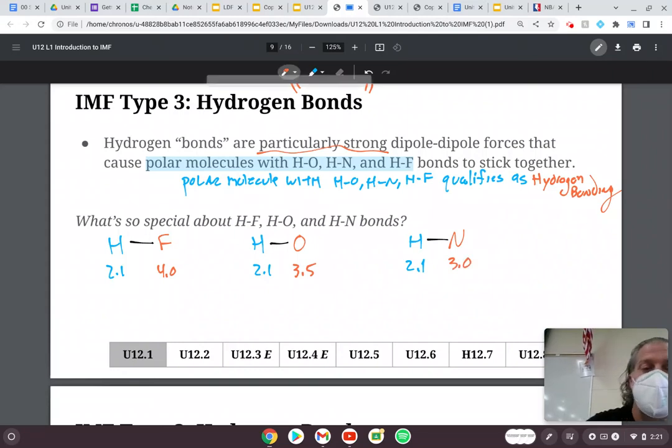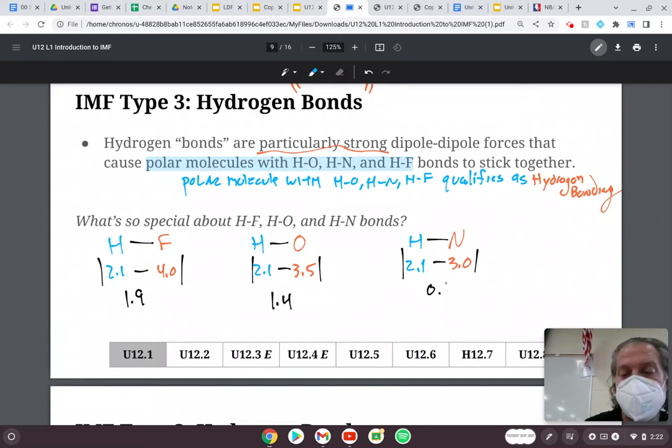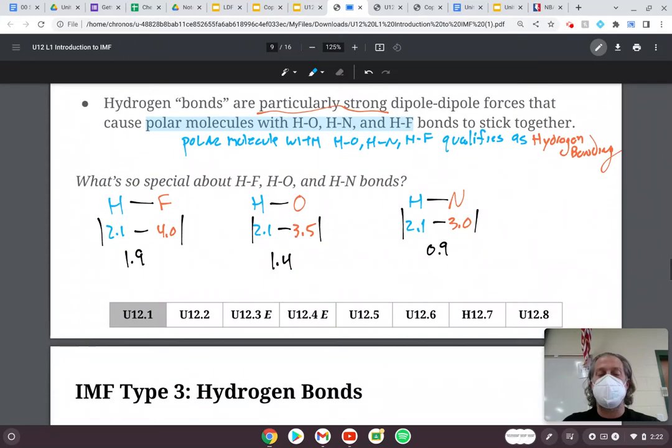Nitrogen is a 3.0. Subtract them to calculate their electronegativity difference. And I get 1.9, 1.4, 0.9. Those are really big electronegativity differences, which means the electrons in those bonds are being pulled toward fluorine, oxygen, and nitrogen with such attraction that it almost makes the hydrogen become really positive.